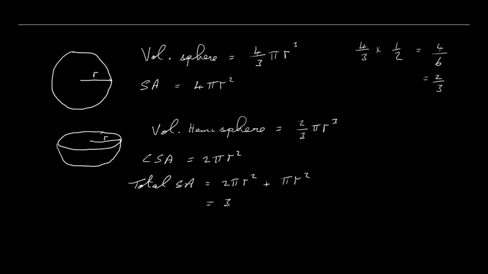So really it's just going to be 3 pi r squared. We add these, 2 pi r squared and 1 pi r squared, and we get 3 pi r squared. Okay, so that's the volume, curved surface area and total surface area of a sphere and a hemisphere.